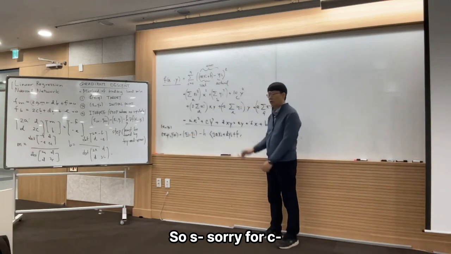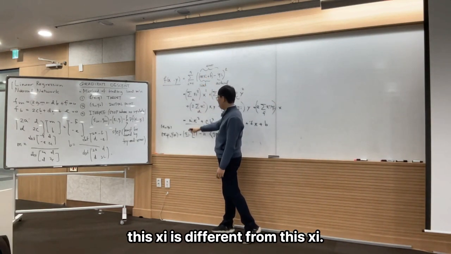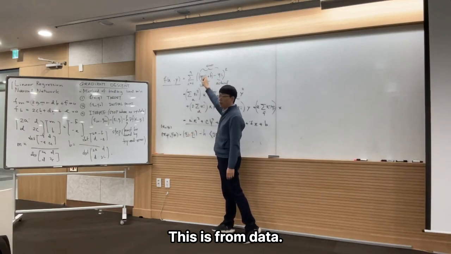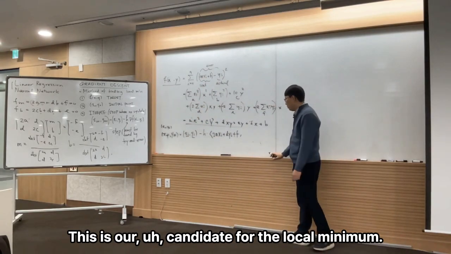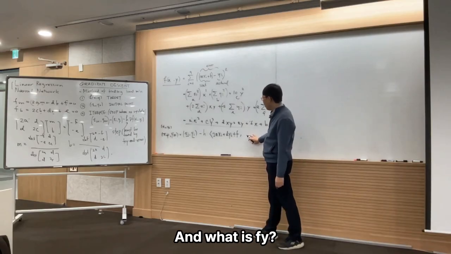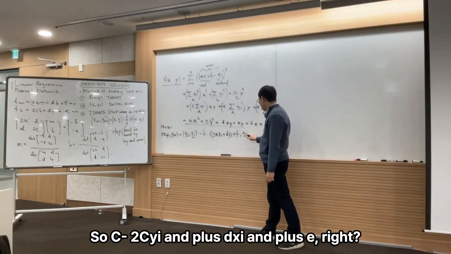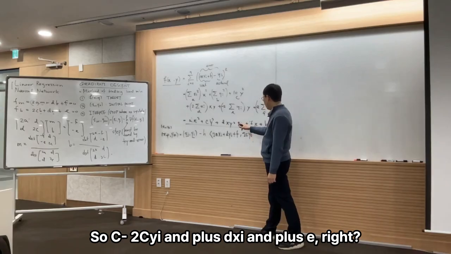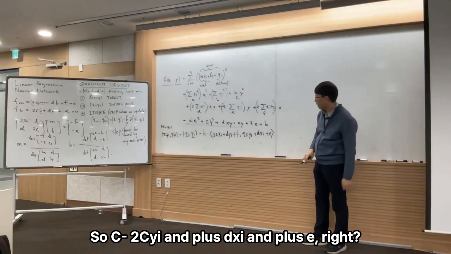Sorry for confusing again: this xi is different from that xi. That one is from data. This one is our candidate for the local minimum. And what is f_y? You go for the partial derivative again: 2c yi plus d xi plus e, right?